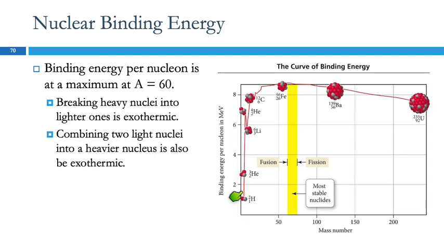And so we see that there's this increase and then a slow decrease. It's at a maximum at mass number 60. That's where the most stable ones are. So who's got a mass of 60? Right, so that's like cobalt, nickel, copper, those guys. So those are the most stable ones.